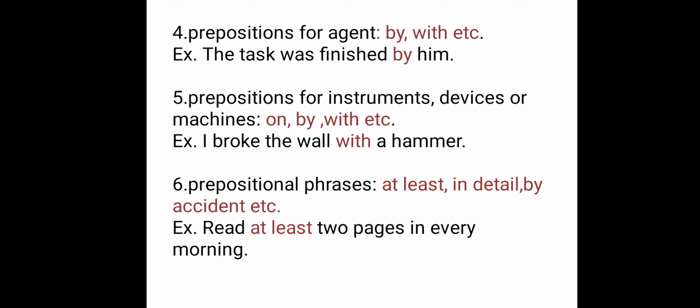Number 5, preposition for instruments, devices or machines. Such prepositions are used for joining nouns to other words in the sentence like on, by, with, etc. For example, I broke the wall with a hammer. Here, with works as an instrument or device or machine.